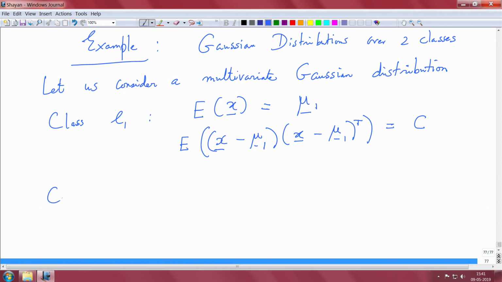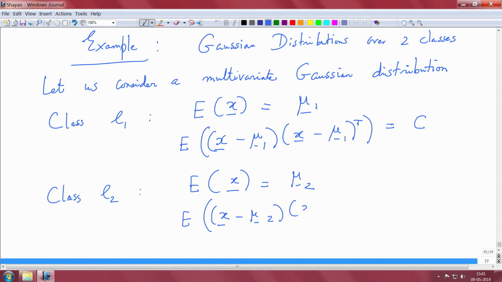So, we take another class C2. The mean is different here, which is mu 2, but the covariance is the same.